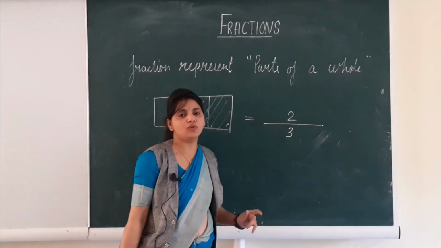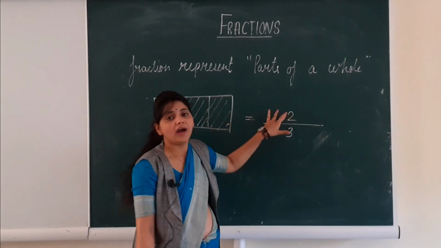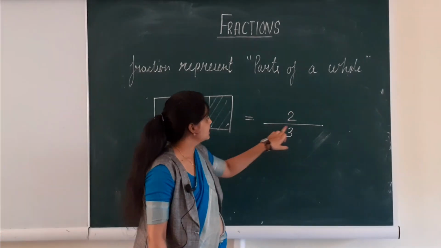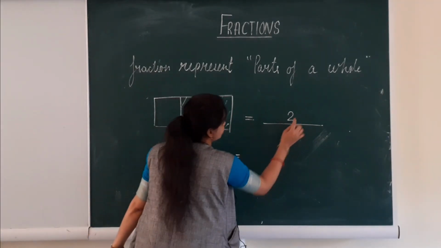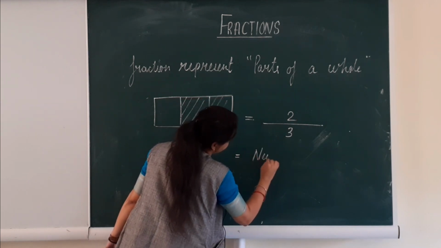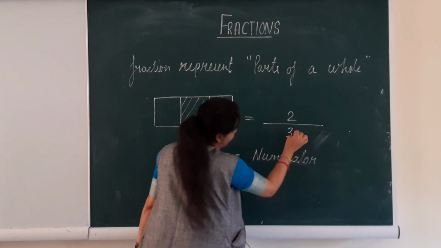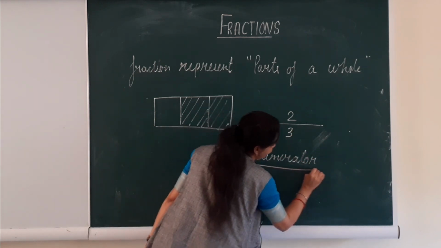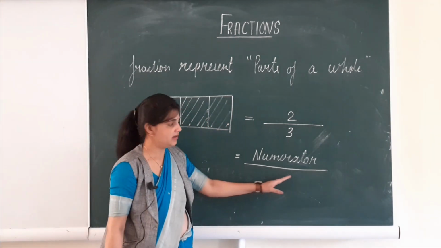Now the next question which arises in our mind is, what is this 2, what is this 3, and what is this bar? This 2 is the numerator, and this is the fractional bar or divisional bar.